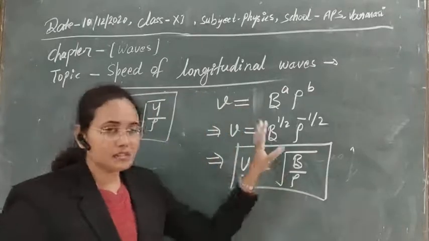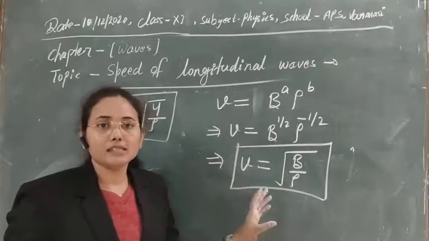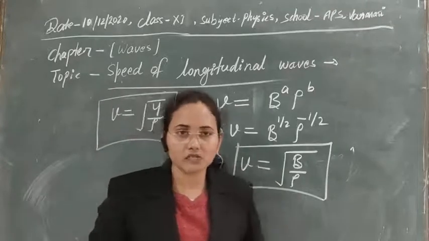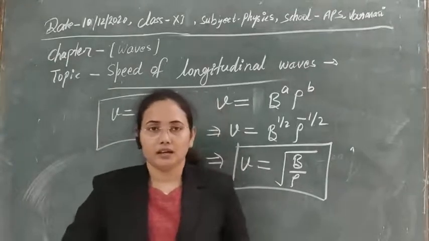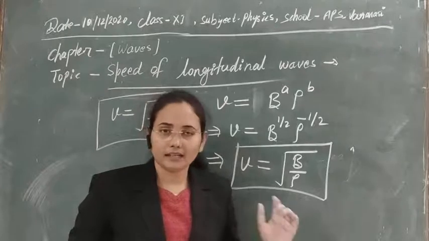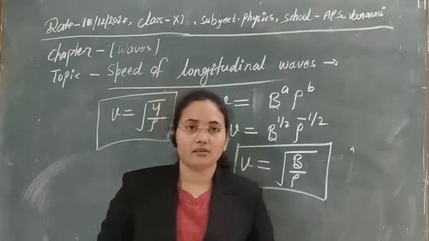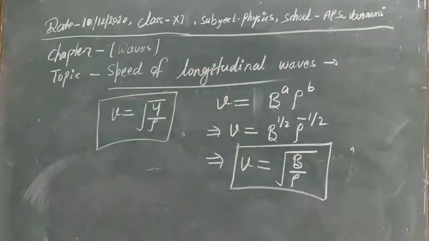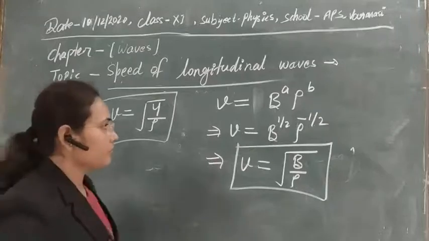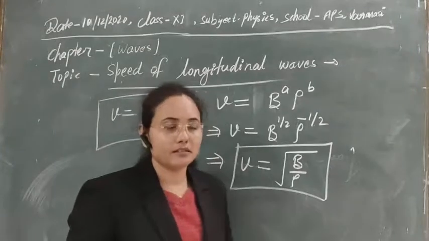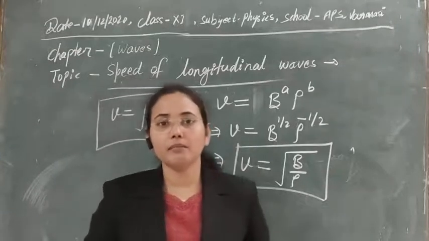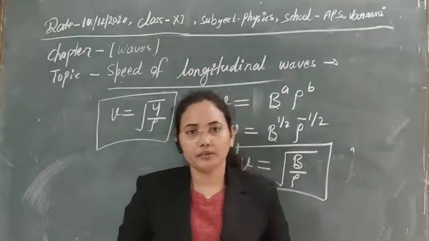So I think the concept behind the dependency of the velocity of transverse waves and longitudinal waves in the case of solids, and the case of the stretched string that we have discussed, is all clear to you guys. So today we have discussed the speed of transverse waves and the speed of longitudinal waves.